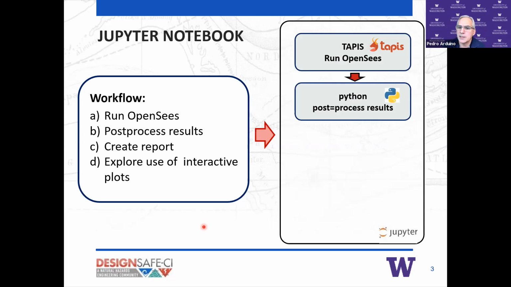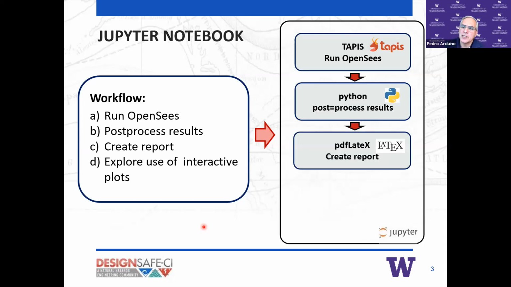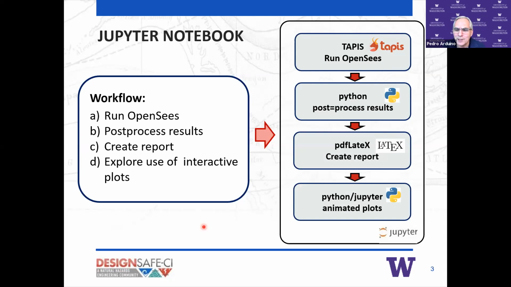That's one of the possibilities. For creating the report, what about using LaTeX? That's a typical thing commonly used in scientific publications. And then for the interactive plots, I will again be using some Jupyter capabilities and some Python capabilities. So this is just an example.